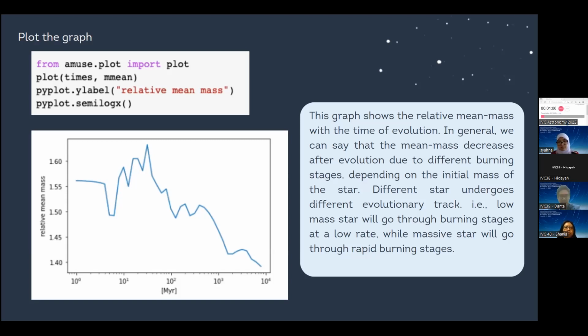Different masses undergo different evolutionary tracks. Low mass will go through burning stages at a low rate, while the massive star will go through rapid burning stages. So we can see that for the lowest mean mass, we get the longest evolution time. Next.